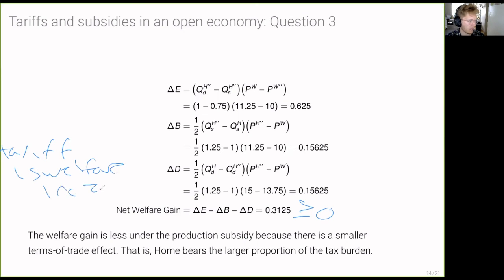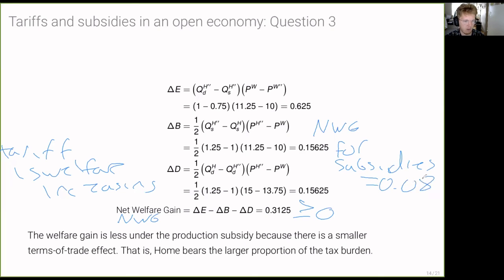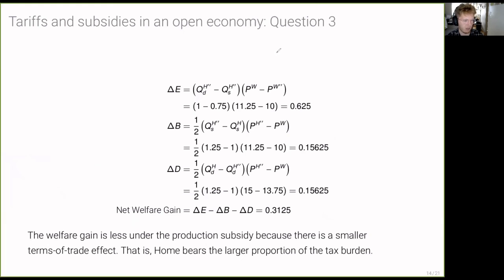But recall that if I call this the net welfare gain, or NWG, then the net welfare gain for subsidies was 0.08. And so the net welfare gain for subsidies is going to be less than the net welfare gain for the application of this tariff.